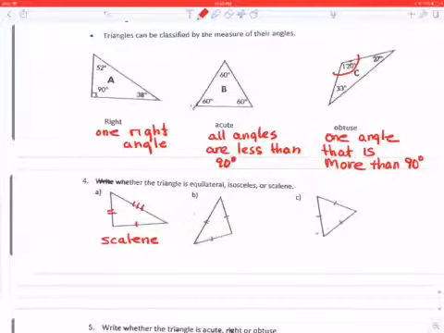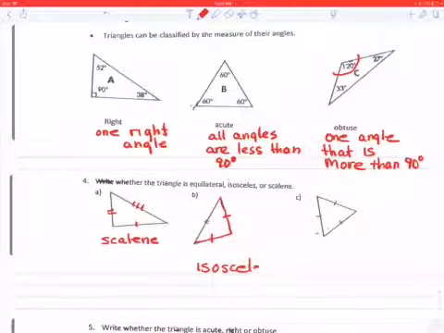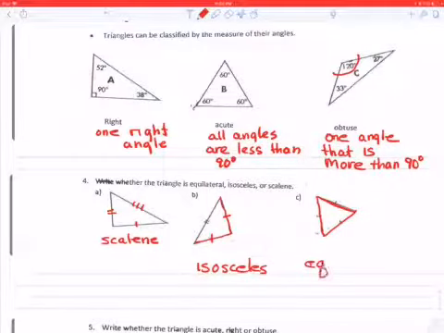Here, 2 of the sides are the same length, and one is different. So we say this is an isosceles triangle. For C, all the sides are exactly the same length. So we call it an equilateral triangle.